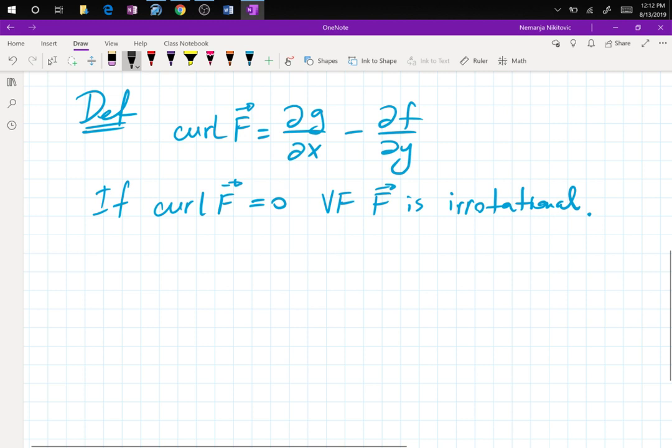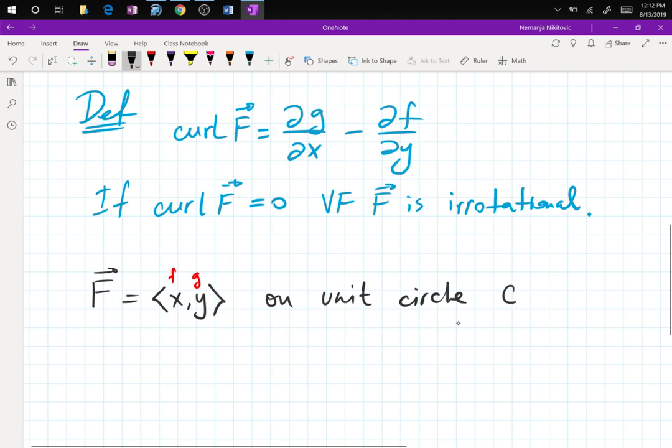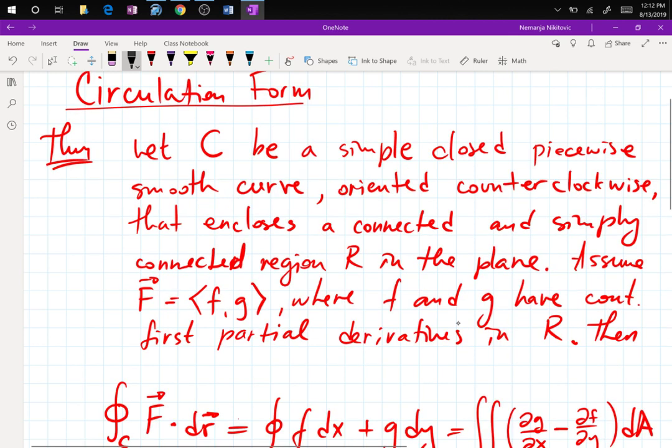So if I have a radial field x, y, if you're remembering, this is your F and G, and we were on the unit circle, which we parametrized fully, so it doesn't cross itself. It's smooth, differentiable everywhere, no corners on a circle. Oriented counterclockwise if you pick cosine first, obviously.